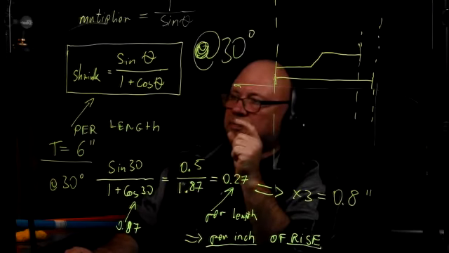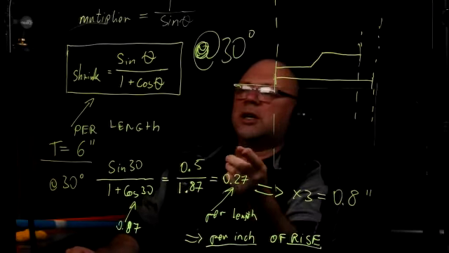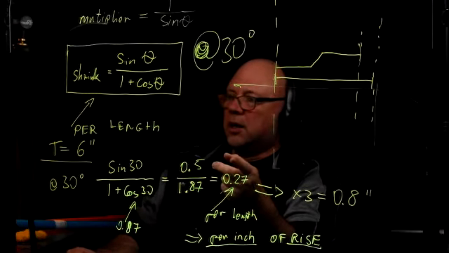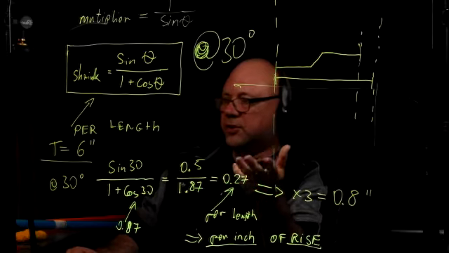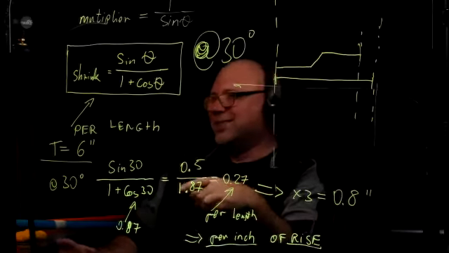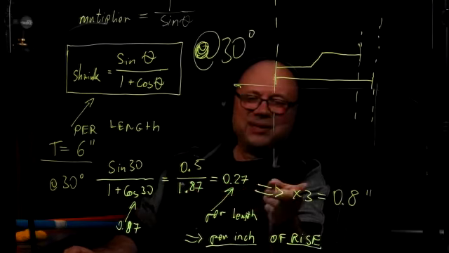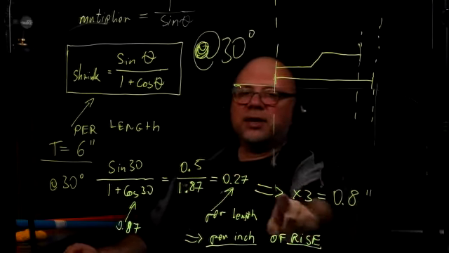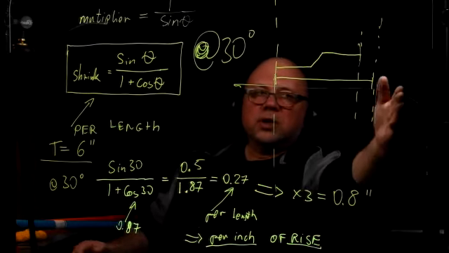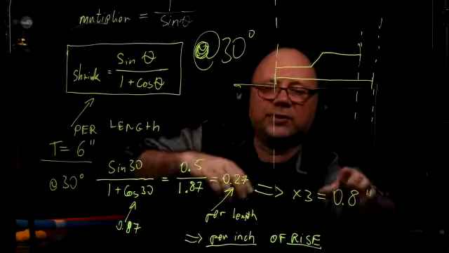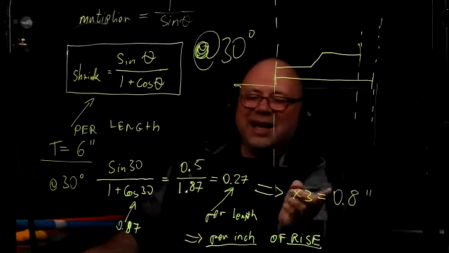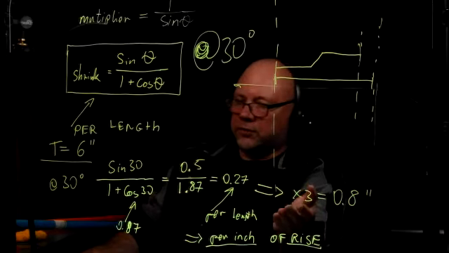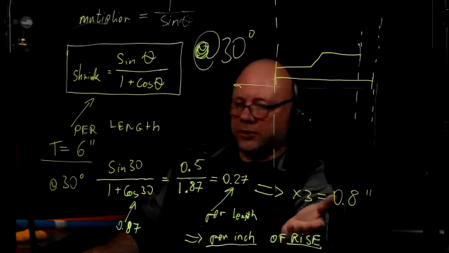Well, we're looking at the 3-inch, all right? You can calculate the same thing quickly. We're going to do it for 6 inches and see if we can come up with the same thing. We should. So for 3 inches of rise, we're going to shorten that whole distance by 0.8 of an inch. Let's see if we can come up with 3/4. So how many quarters of that?